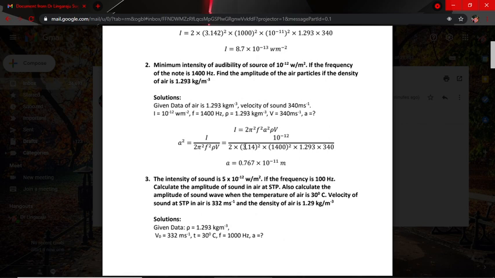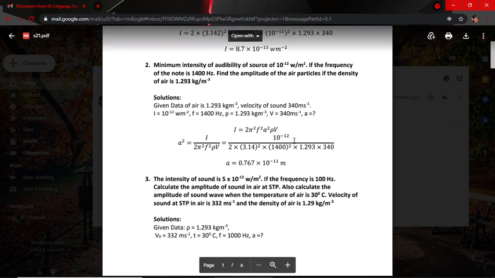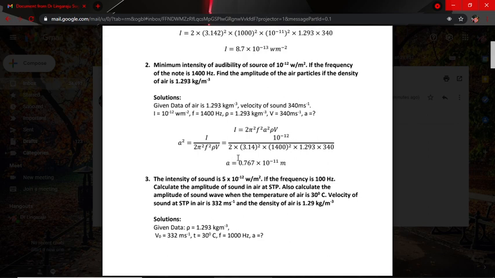Substitute all the values. The given value is 10 to the power of minus 12 divided by 2 into pi, the constant value 3.14, to the power of 2, into f, meaning frequency, that is 1400 squared, into rho, which is also given, the density of the air, 1.293, into 340, the velocity.